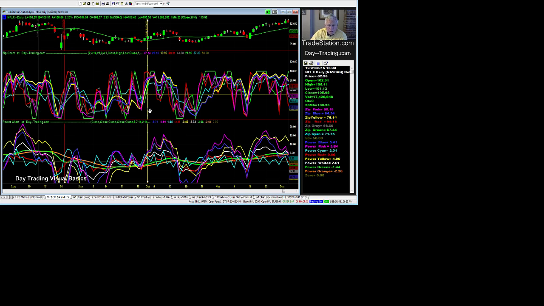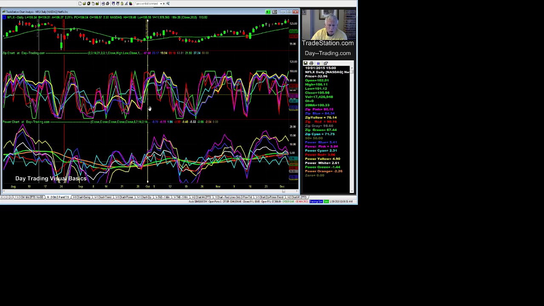On the yellow vertical line, it's the day before the Zip Cyan becomes lowest. Now this one happens to be lowest above 50. You can have them occur below 50 as well, and it just depends on what's happening.